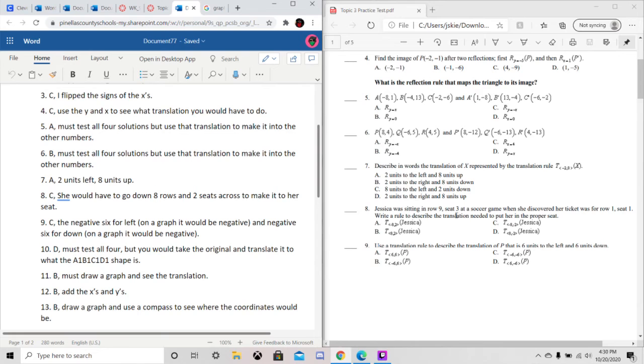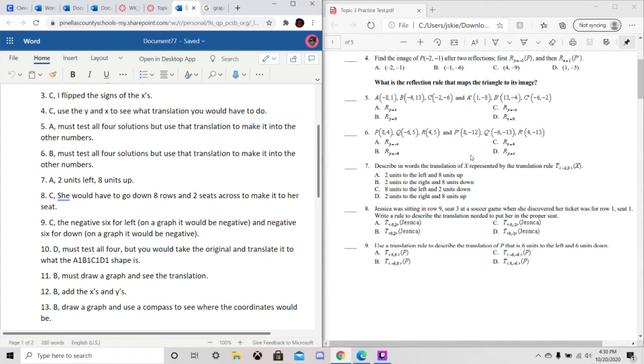So for 8, you're basically doing the same thing, but you already have a coordinate, row 9, seat 3. And she is supposed to have row 1, seat 1.